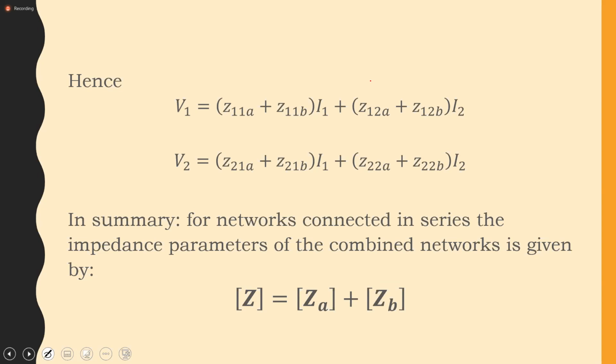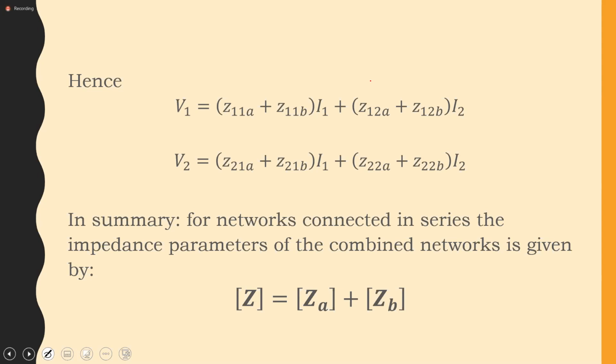Just to quickly summarize, for networks connected in parallel, the admittance parameters for the combination would be the sum of the admittance parameters of each network.